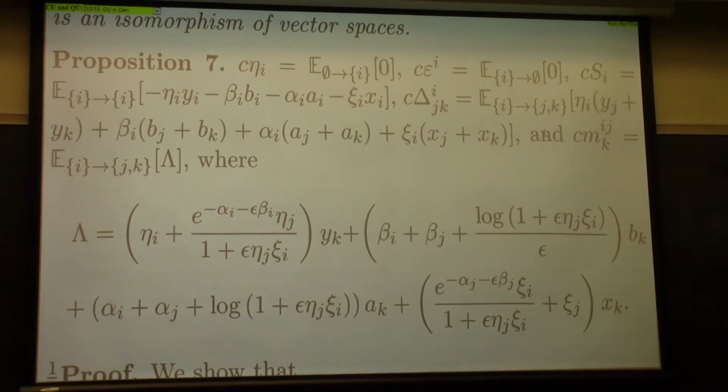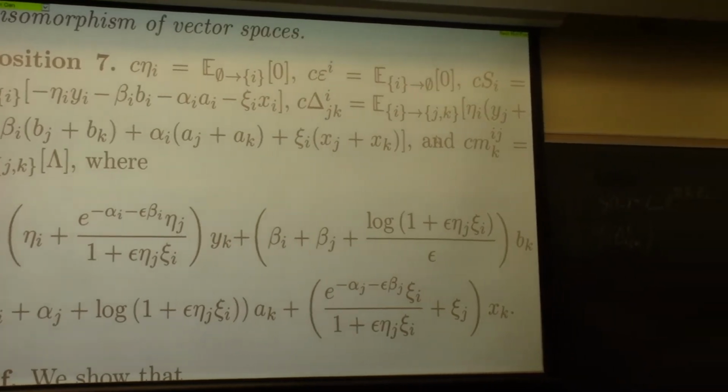What is the generating function of delta ijk? We checked that the generating function of any linear map is equal to the linear map applied to the exponential of the sum of zeta I zi, where I runs over all the input variables.